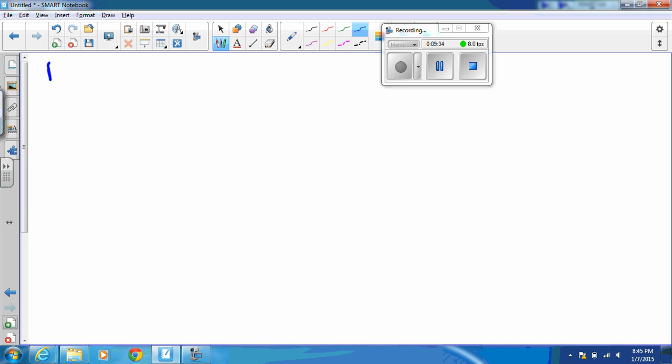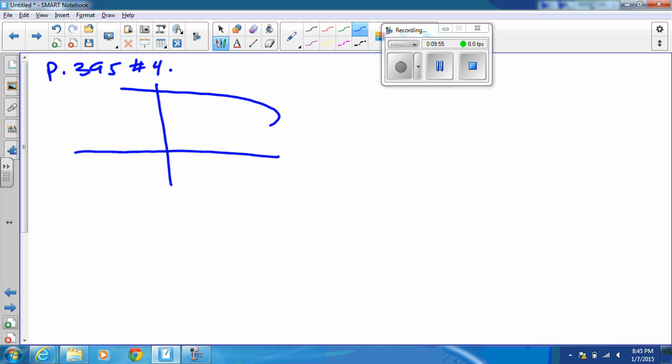Let's consider the second problem, number 4, on that same page. And here in problem number 4, we are given a region that is bounded by two curves that are functions of y.